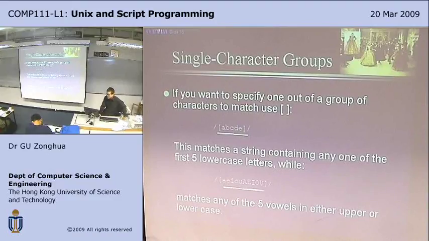If you say this, it says match any one of the 10 letters. They happen to be vowels, so match any vowel, whether lowercase or uppercase. The order doesn't matter. If you say small a, big A, small e, big E, it doesn't matter because it's simply a list of letters.